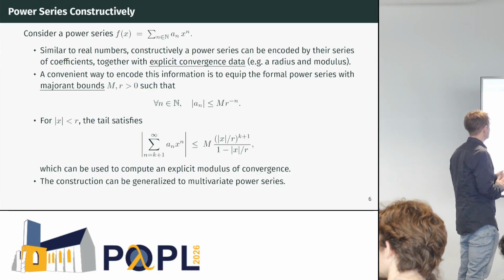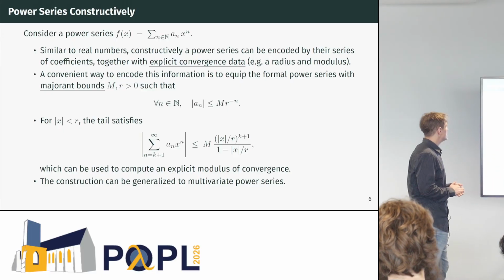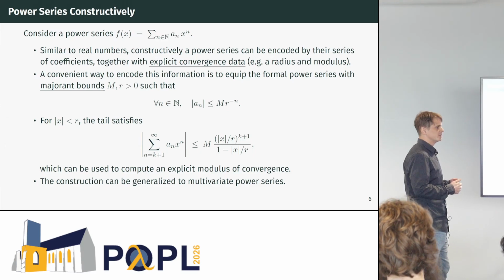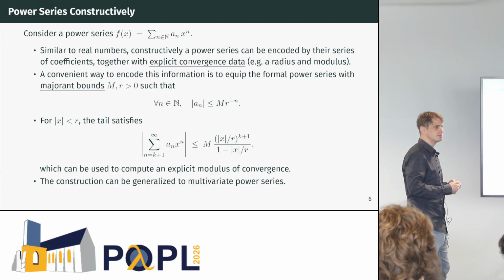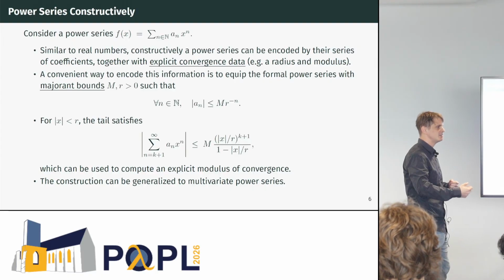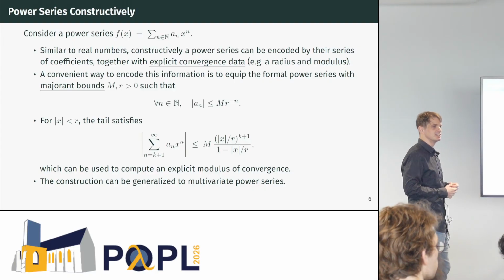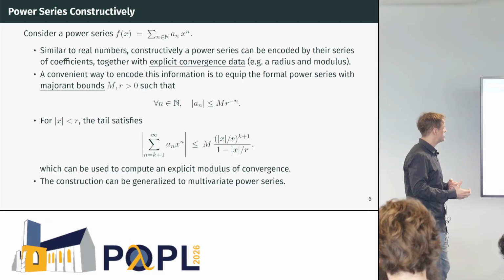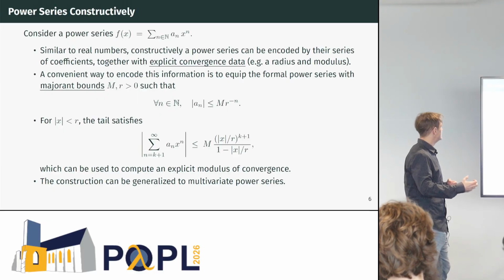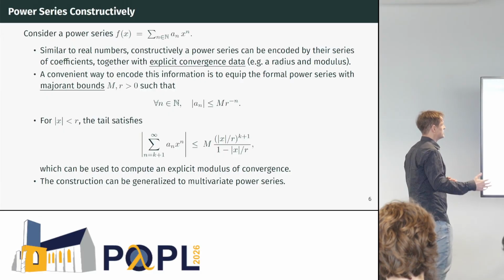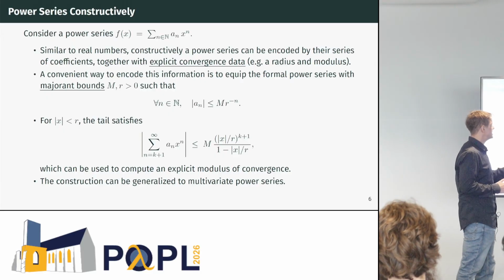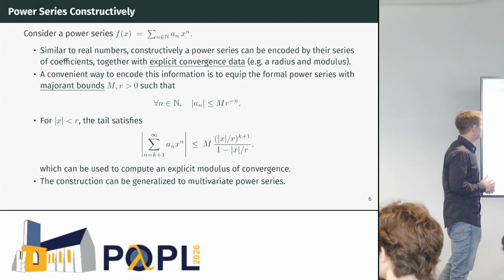If we have a power series like this, then similar to constructive real numbers, we have to know how far we have to look into the sequence of coefficients to get a good approximation. So we need a modulus of convergence for the power series, or some explicit convergence data, like a radius where it converges and a modulus.